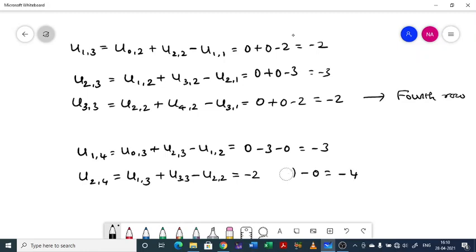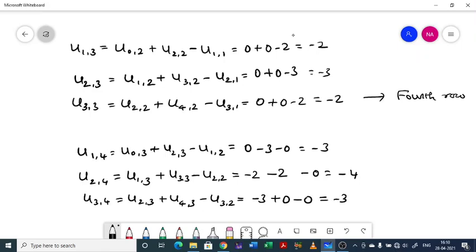Okay, sorry, it is minus 2 only. So we get minus 4. Next, u3, 4, it will be u2, 3 plus u4, 3 minus u3, 2. That is minus 3 plus 0 minus 0. It will be minus 3. So this completes fifth row.